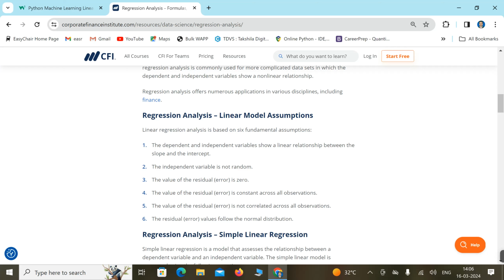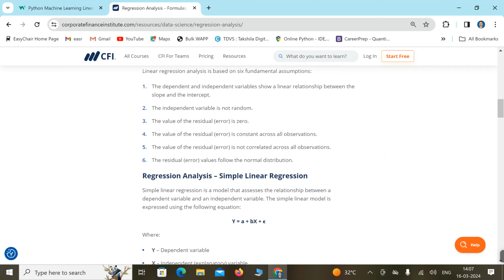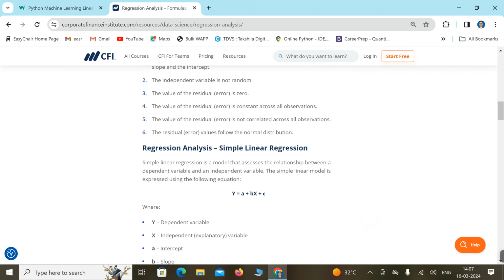And the residual value or the error value is constant across all the observations because it is linear. Then the residual values follow a normal distribution. So these are the six assumptions which we are supposed to have when we talk about linear regression analysis.